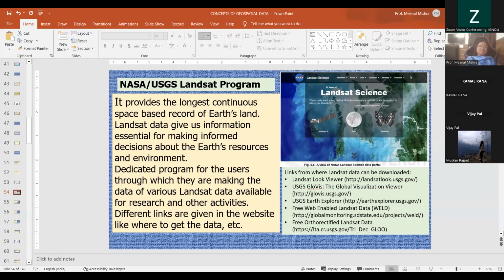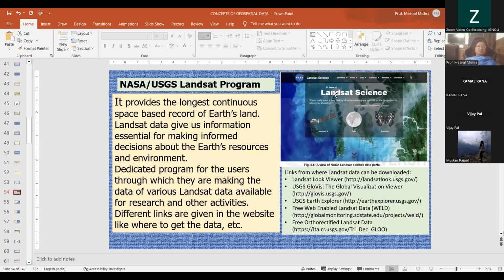They have a Landsat program, and they provide the longest continuous space-based record of Earth's land. This Landsat data is used in various ways in decision making and to know about Earth resources and environment. It is a very dedicated program for the users, and a link has been provided in your SLMs.